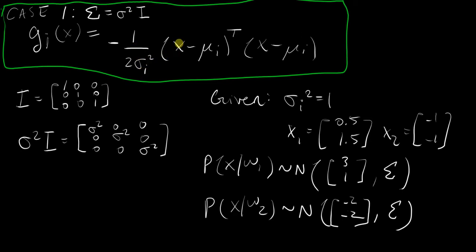X would be whatever sample you're looking at. So here our samples have two features, so this will be like a two-element vector. The mu is the mean, which is given to us, and the t just means it's transposed.